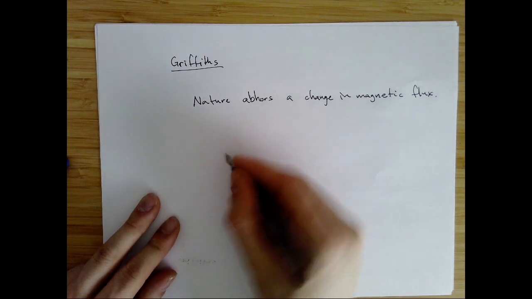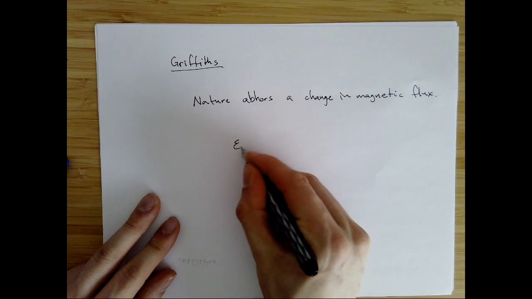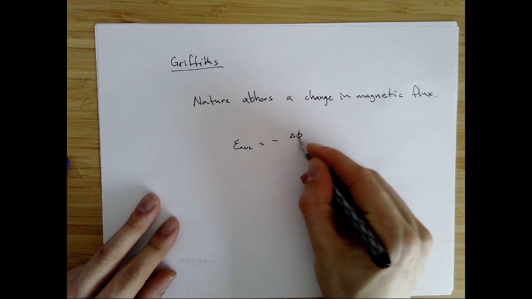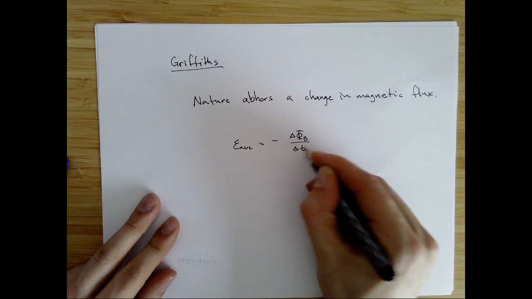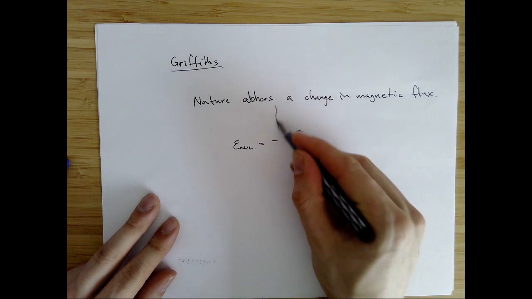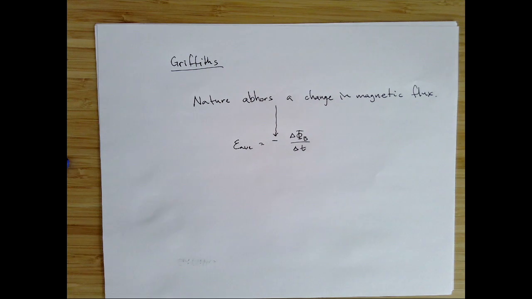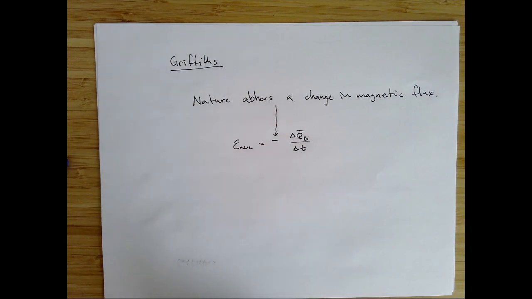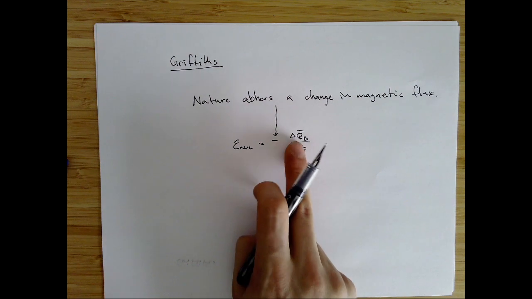So if you remember, this is nature hating a change in magnetic flux, so it opposes it. It always is negative of the change in magnetic flux.